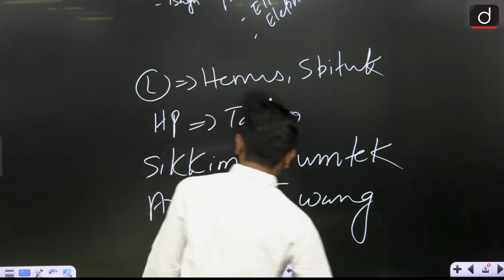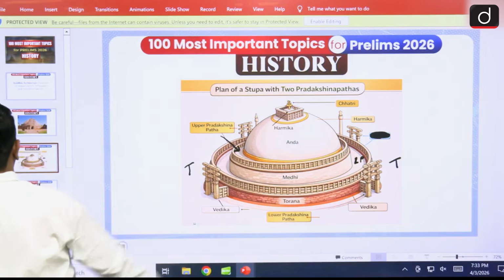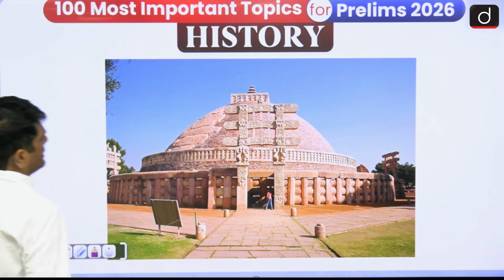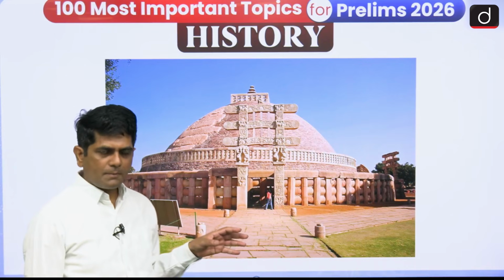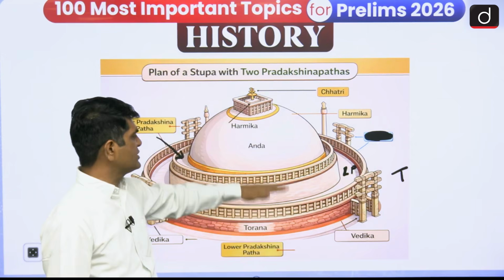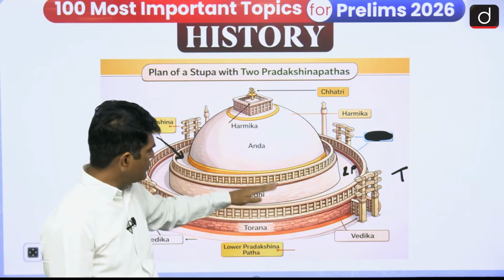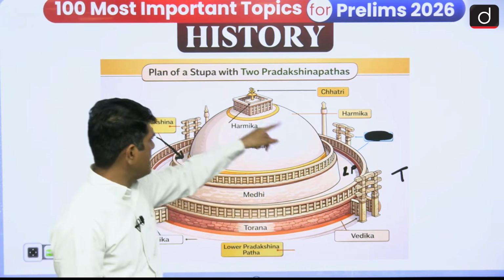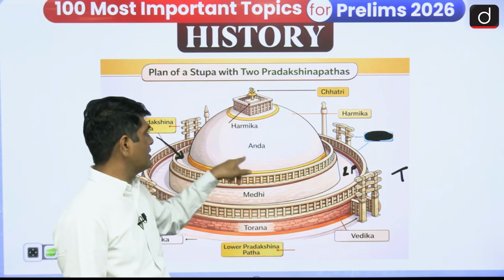Now coming on to the Stupa. So let me show you the image of the Stupa. See here. Normally, the stupa is built over a raised platform. Stupa is a hemispherical structure built over a raised platform known as Medhi. And this hemispherical or inverted bowl shaped structure is called Anda.